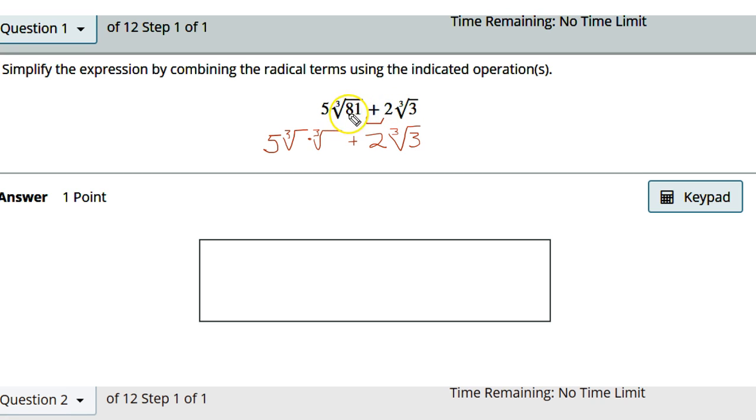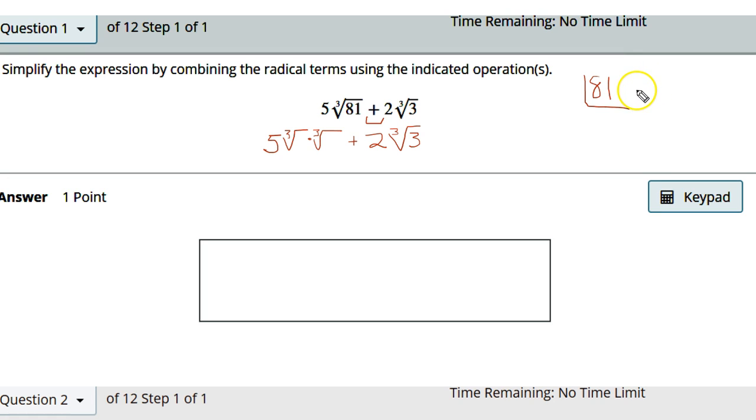Now, the background on this is we are looking for a possible perfect cube factor of 81. 81 is not a perfect cube. But if we did this, 81, now we know we can take a 3 out of that, because if we add 8 plus 1, we get a 9.